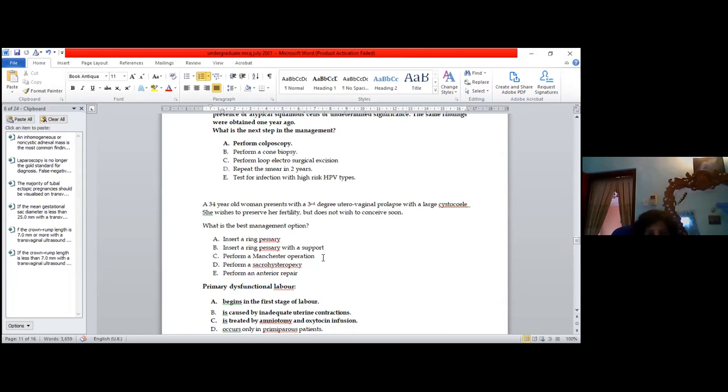But now you can't correct this with a Manchester operation because it's a third-degree prolapse. That means the whole uterus is out. Manchester operation won't work. So actually here we have to do a sacrohysteropexy. It's a little too much for undergraduates, but anyway.